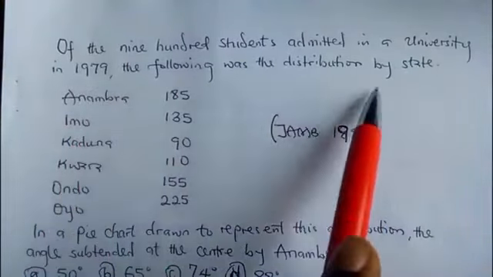Since the pie chart is going to be in the form of a circle, and the circle is 360 degrees. We are not going to go through all of that since we are specifically asked for one state only. We are going to do the sectorial angle for Anambra. For Anambra we have 185. We are going to divide it by 900.